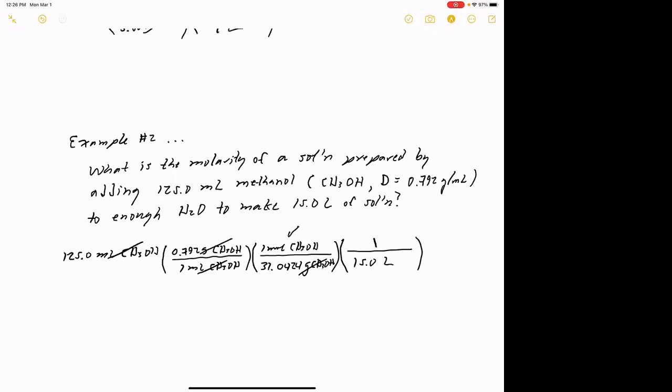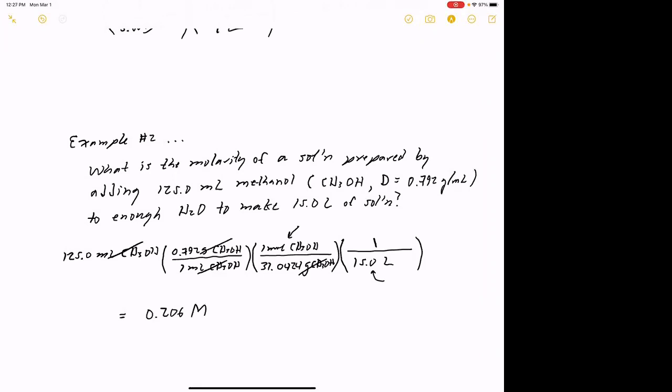I get moles of solute, which is CH3OH, per liter of solution, and that's the appropriate unit for molarity. Looks like I'm going to be good to 3 sig figs here, because it looks like I'm limited by the volume of my solution there. So when I work this out, it turns out to be 0.206 molar.